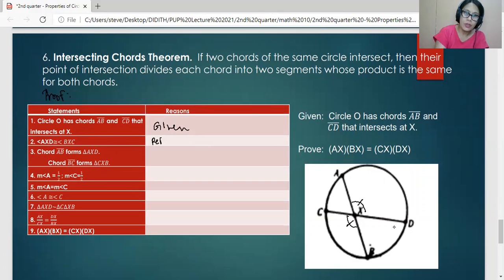So, definition of vertical angles. And vertical angles are congruent. Chord AD forms triangle AXD, while chord BC forms triangle CXB, and this is construction.